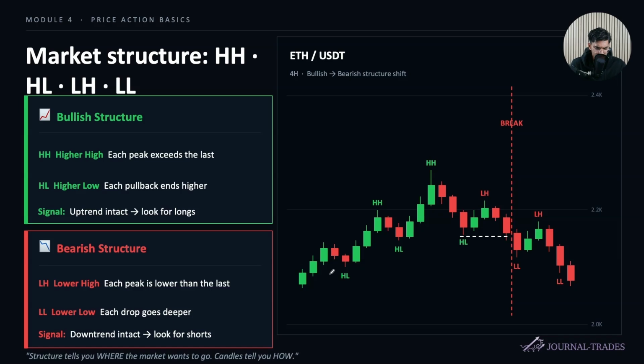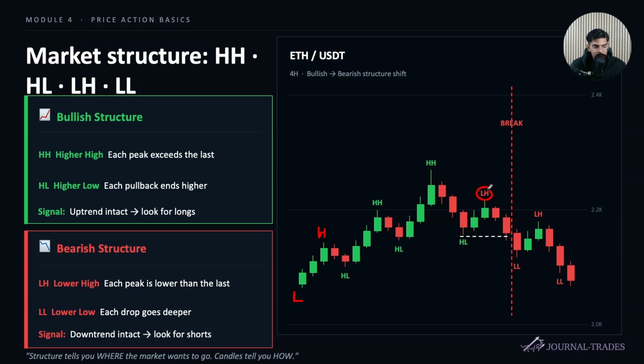Just to visualize this, right here we create a low and right here we create a high. Then we create a higher low because this low is higher than this point, and a higher high because this high is higher than this point. Once again, higher low, higher high, and right here a higher low, and then we create a lower high.